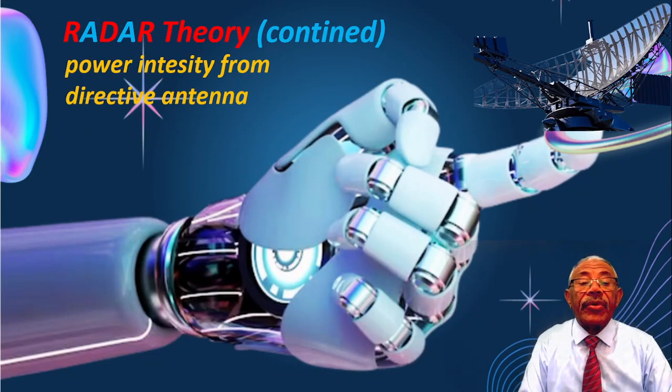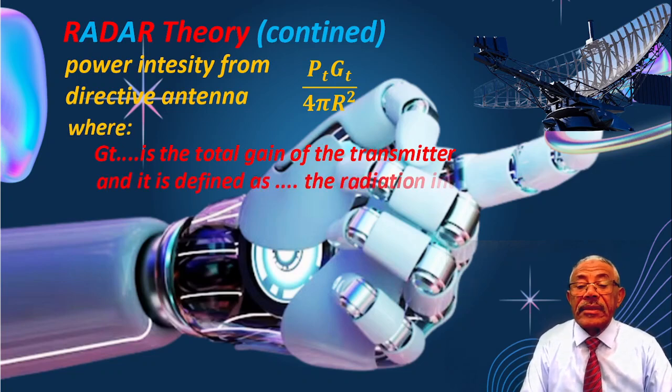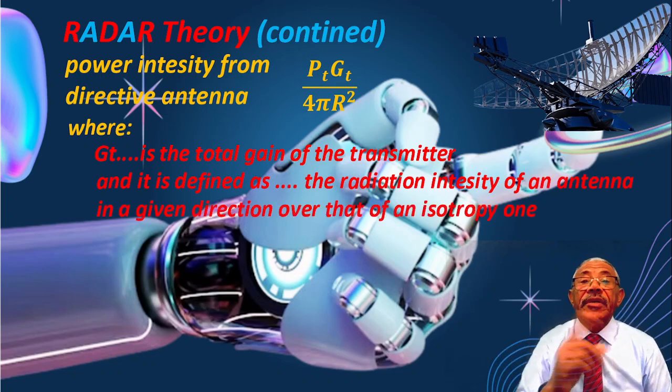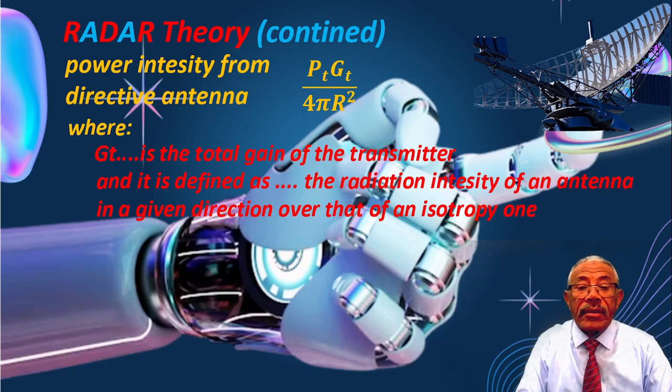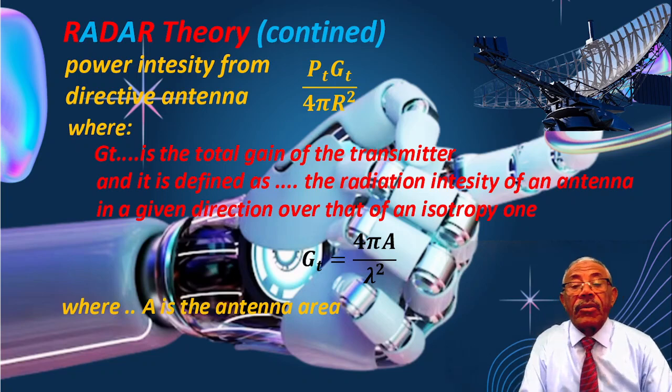Power intensity from a directive antenna is given by the same, multiplied by Gt, where Gt is the total gain of the transmitter, defined as the radiation intensity of an antenna in a given direction over that of an isotropic one, and it is given by 4πA over lambda squared, where A is the antenna area and lambda is the wavelength of the transmitted wave.